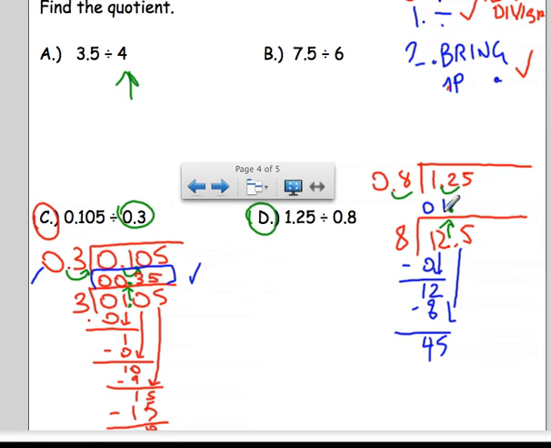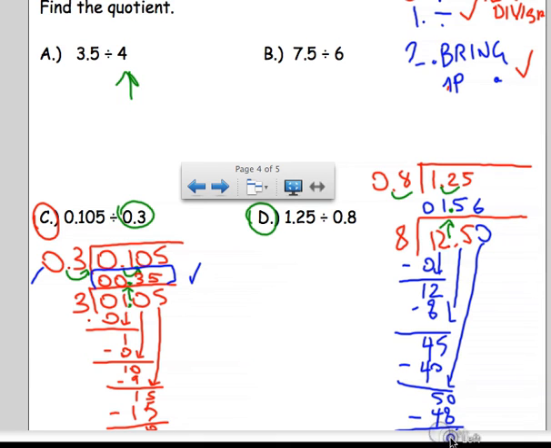And then 8 goes into 45. Let's see. 5 times. 8 times 5 is 40. Bring down the 5. Subtract. That's 5. 8 goes into 50 6 times. That's 48. Subtract.